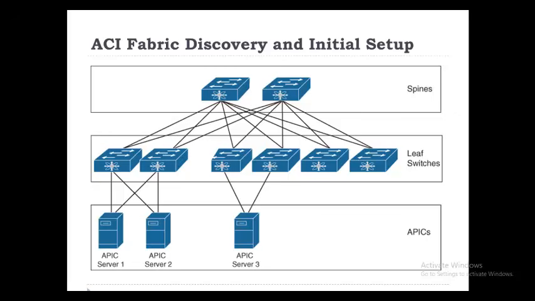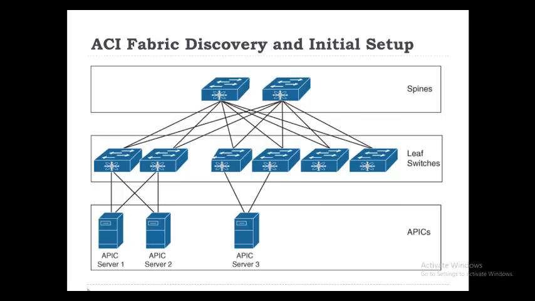To bring up the fabric, we have to connect like this. All the spines you see are connected to every single leaf. Both the spines have a link to each leaf, which means each leaf has 2 connections to the upstream spine, one to spine 1 and another to spine 2.